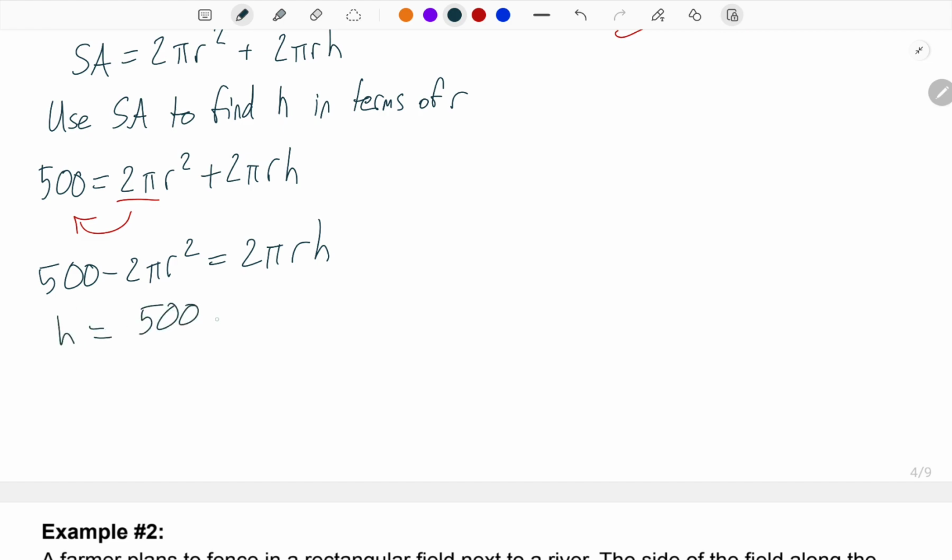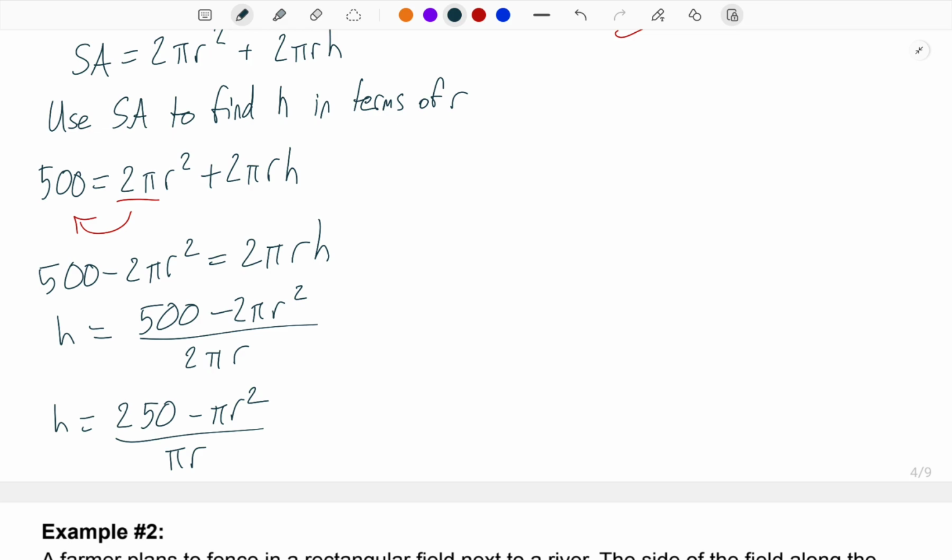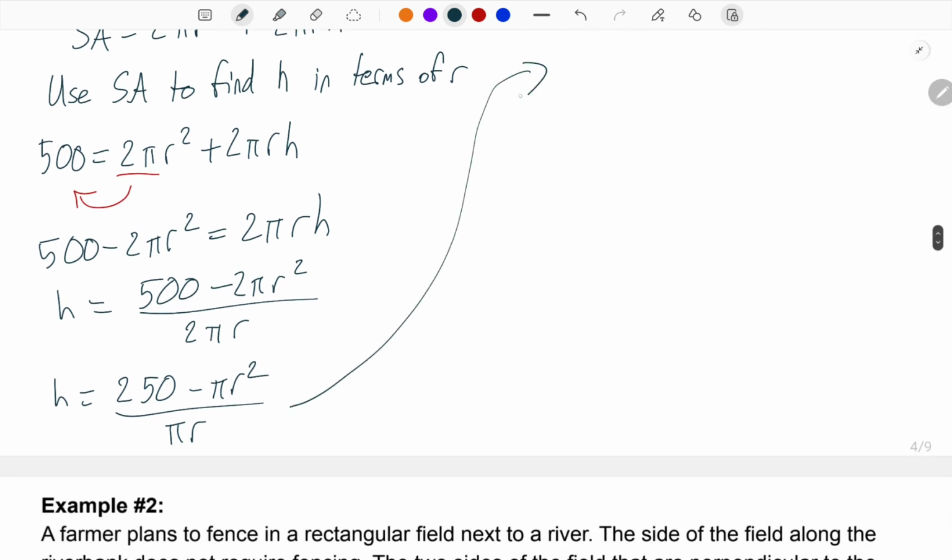I'm just going to switch the sides. Everything is divisible by 2, so let's just reduce things down by 2. And we're going to be doing derivatives, so let's just do the individual division there.